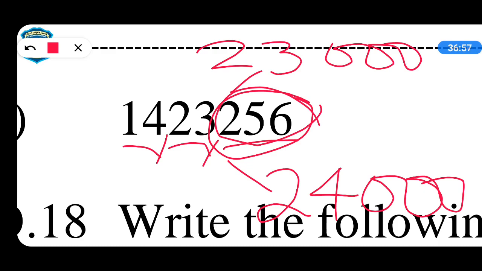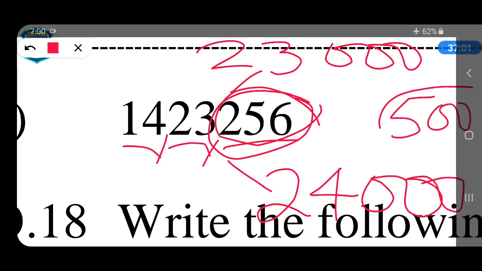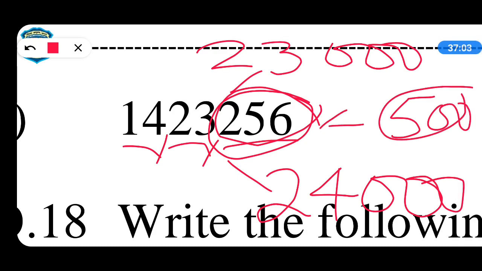256. 256 is less than 500, right? So where it will move? It will move to the lower number. It will become 23,000, right? So what number you will get?